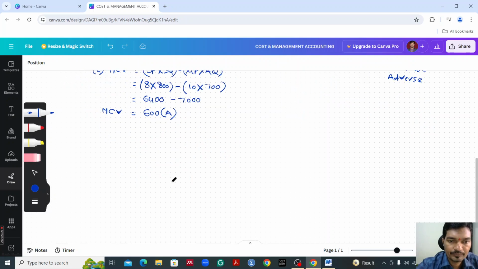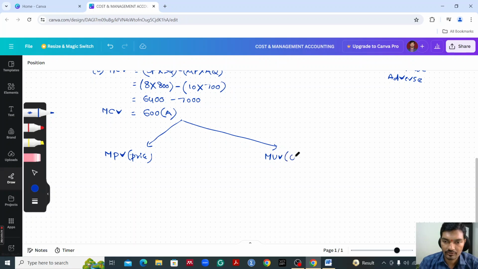And now coming to the material cost variance, we have two subcategories available. One is MPV, material price variance. Another one is MUV, material usage variance. This is focusing on price, and this is focusing on quantity.